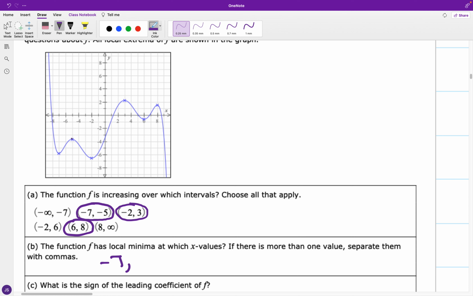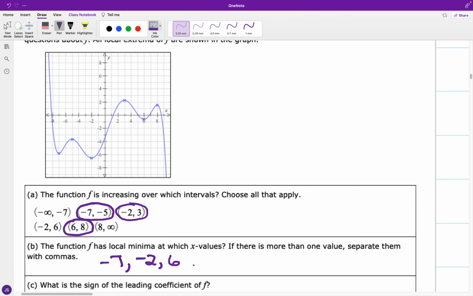Then we have a relative maximum. Then we have another local minimum, and that's going to be x equals negative 2. And we have another minimum, and that's going to be x is equal to 6. So you have three x values that will have a local minimum: negative 7, negative 2, as well as 6.